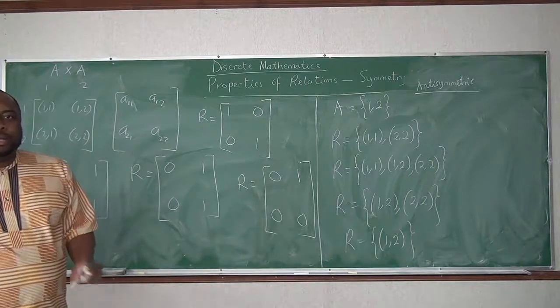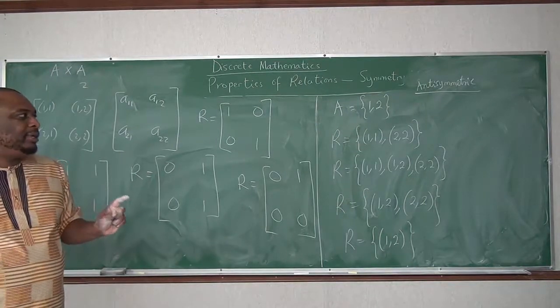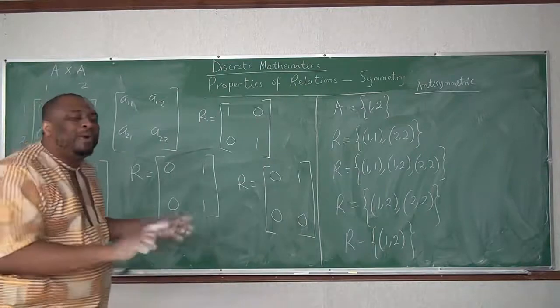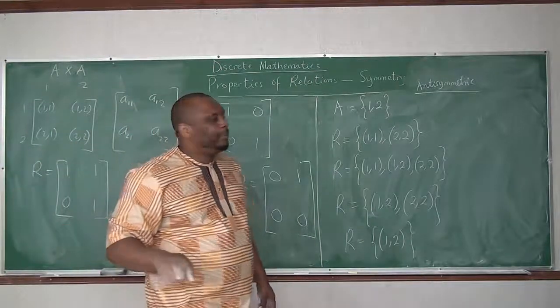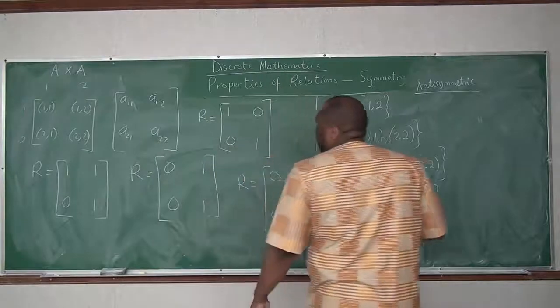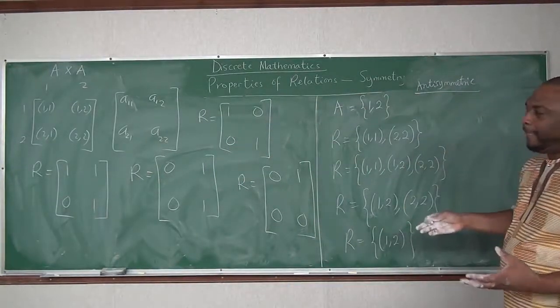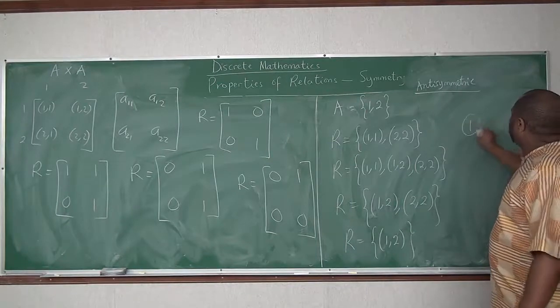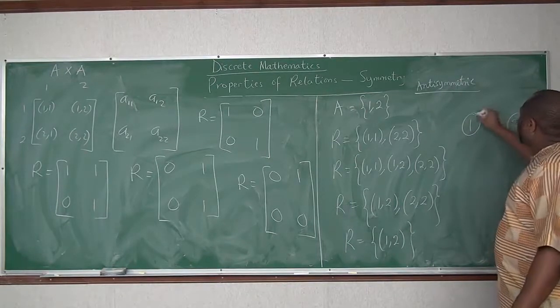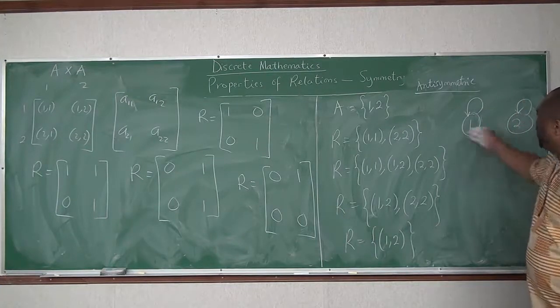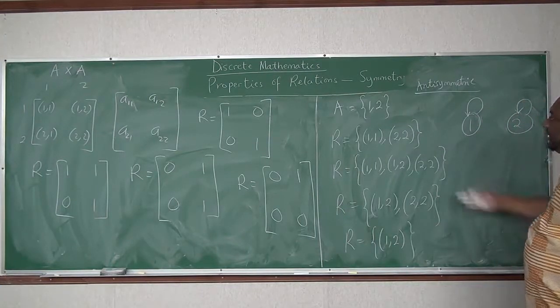The edges will be one-way, or loops. So if you have 1 and 2, you can just have a loop at 1, 1 and at 2, 2. That's the digraph of this.